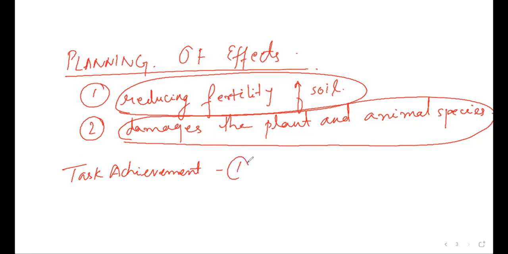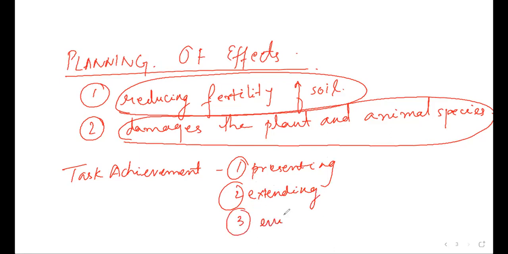Task achievement is that for every, just give me a moment. Yeah. So task achievement is wherein you are presenting the point, you are extending, and you are giving an evidence. 1, 2, 3.